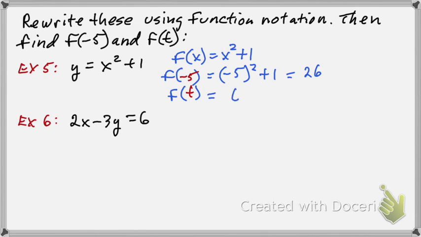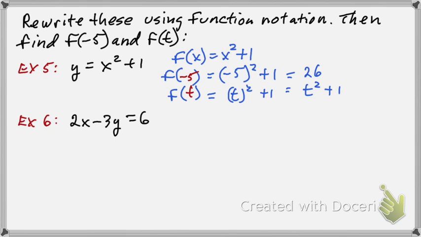So I've got t squared plus 1. Well, that was pretty tough. If somewhere down the line they said, let's let t be some value, like, I don't know, -6, then that would evaluate to 37. But right now, that's as far as we can go.